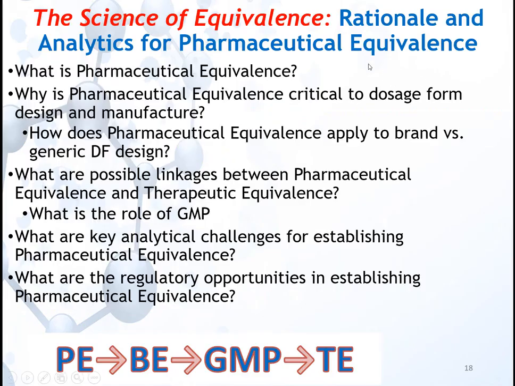So, to wrap this up, if we look at those same questions, well, what is pharmaceutical equivalence? The short answer, of course, is that legally it depends, but I would say scientifically it has to be much more like Q3 than it does like Q2 or Q1, unless the specific product justifies being able to relax those constraints.